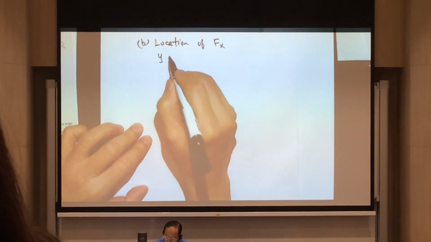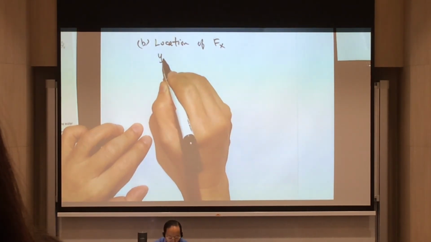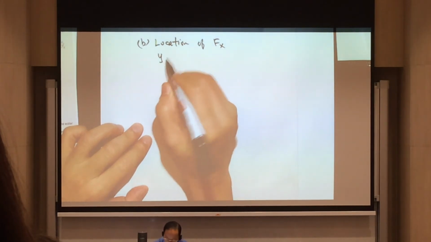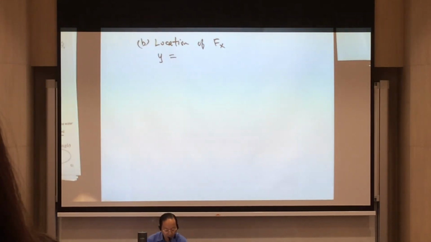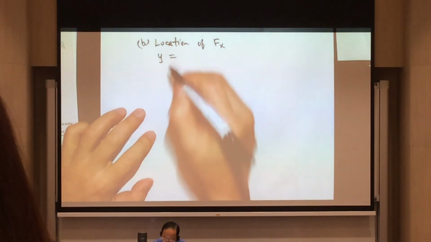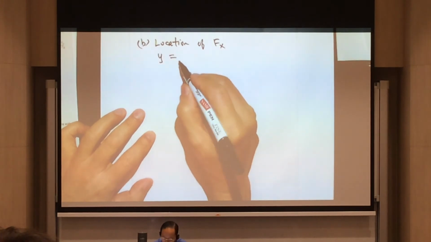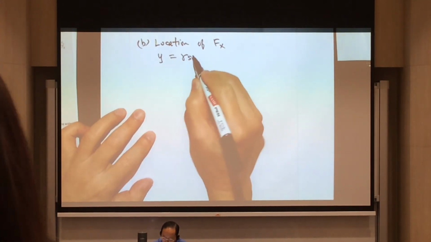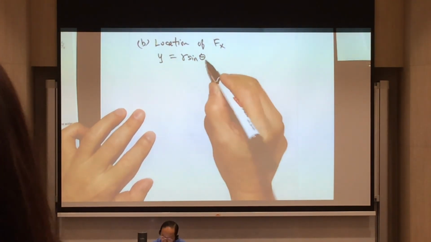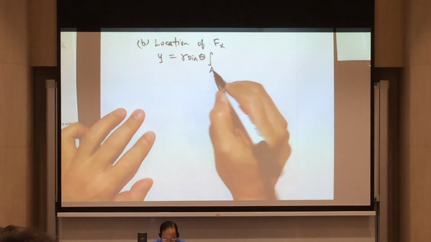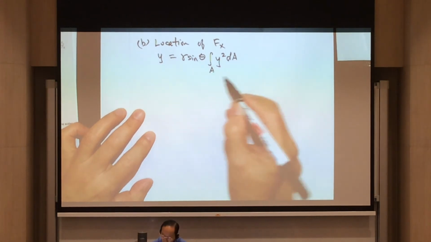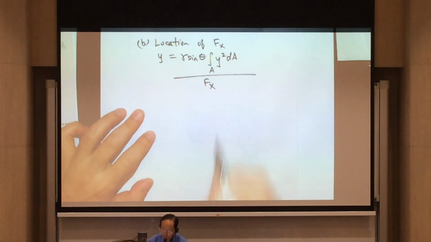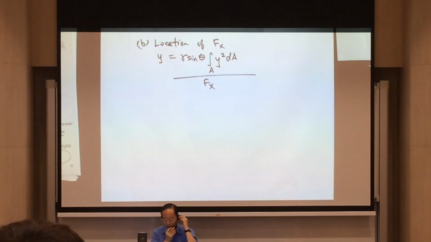From what we have got earlier, the location is equal to gamma sine theta, integrated over the area A, y squared dA, over Fx.